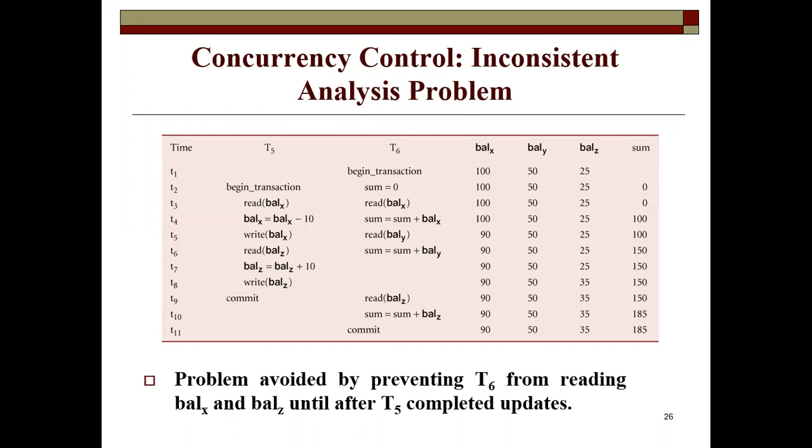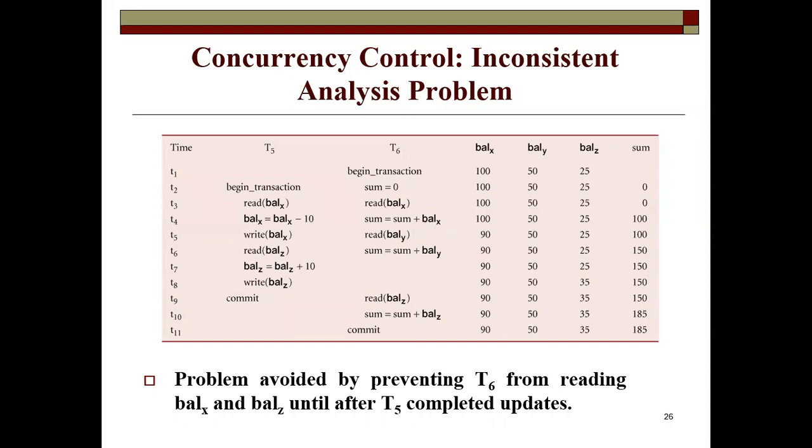Now, at time T6, the balance of Z in transaction T5 is 25. The sum in transaction T6, we are saying we want the sum plus the balance of Y. Our sum now is 100. We are adding the balance of Y, which is 50. Now 50 plus 100 gives 150.